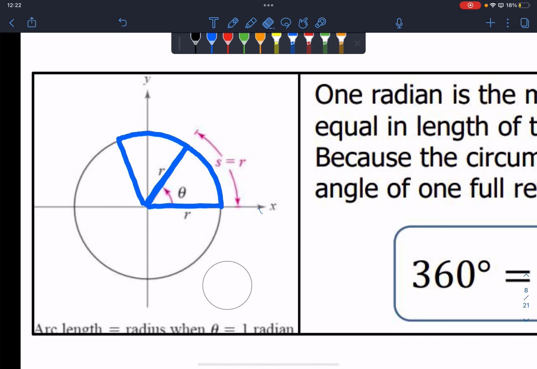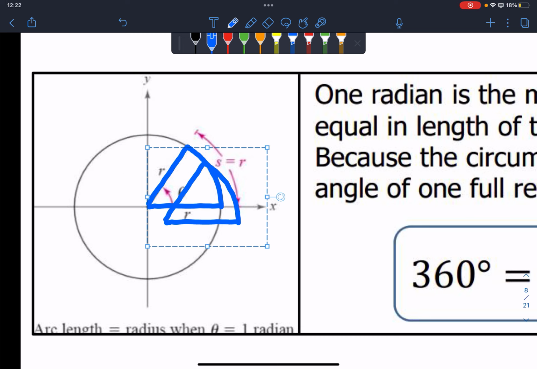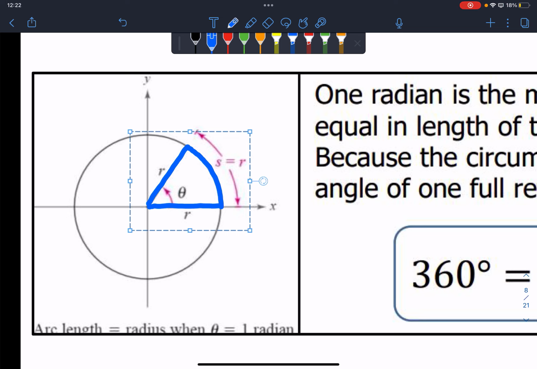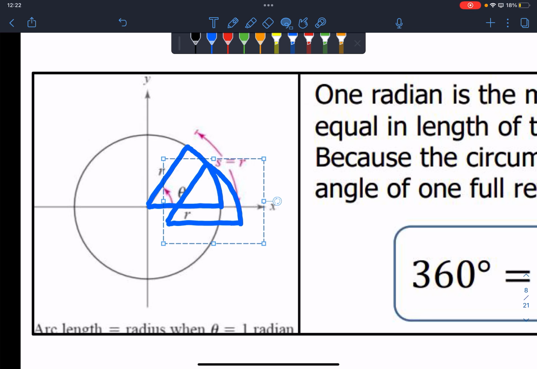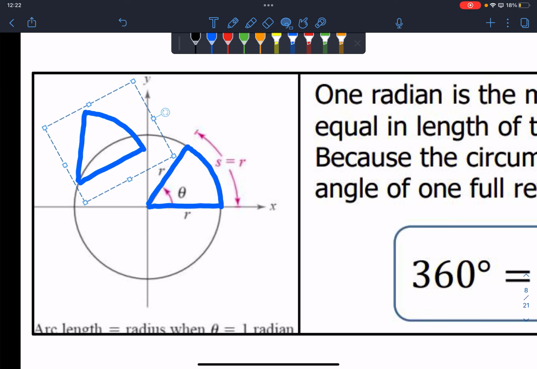Sorry. All right, let me delete that. Let me try this again, okay? Let's duplicate this one time. Let's duplicate this one time and let's rotate it.